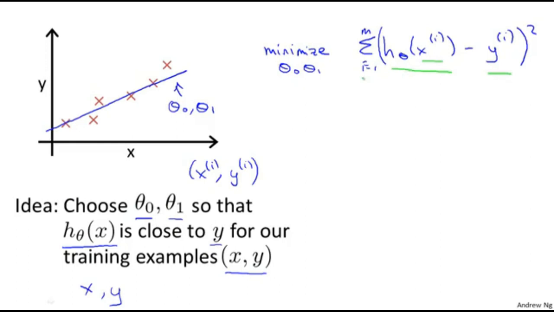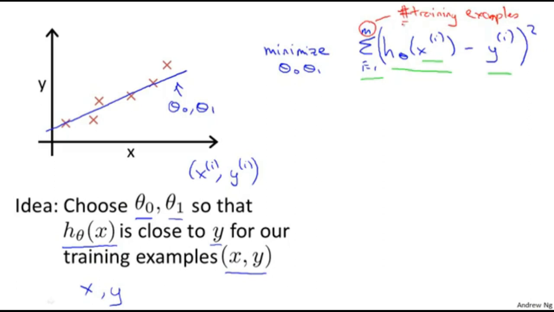And I want to minimize a sum over my training set of the squared difference between the predicted price of a house and the price that it was actually sold for. And just to remind you of your notation, m here was the size of my training set, right? So little m there is my number of training examples. That hash sign is the abbreviation for number of training examples.